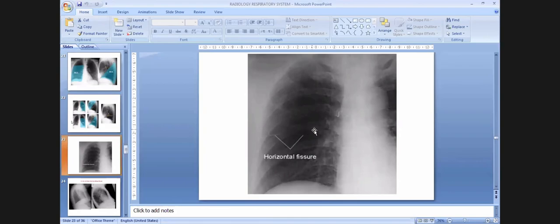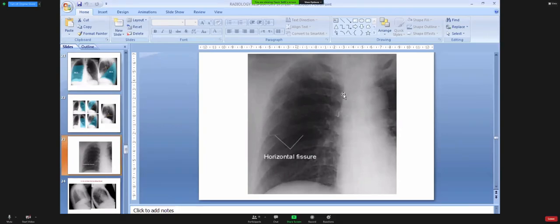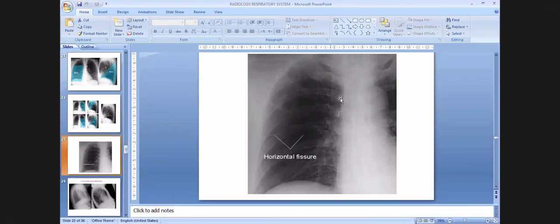This is an exploratory film, not a chest X-ray, because a chest X-ray should include both lungs. The modality is plain X-ray or plain radiograph. This slide is only to demonstrate the horizontal fissure.